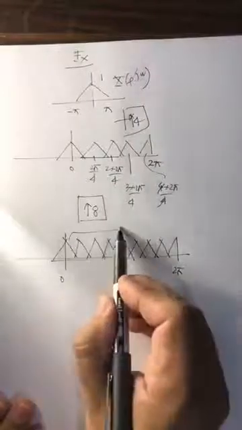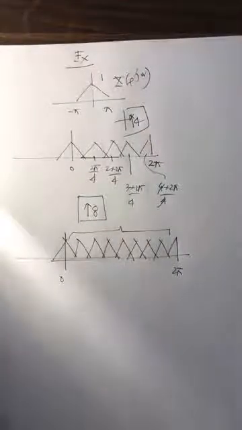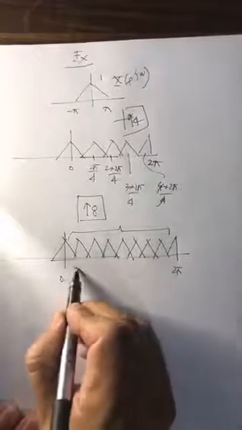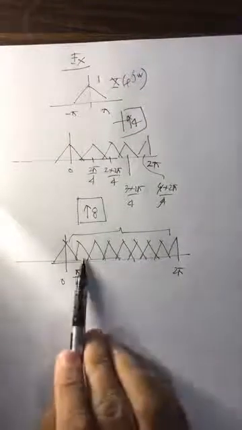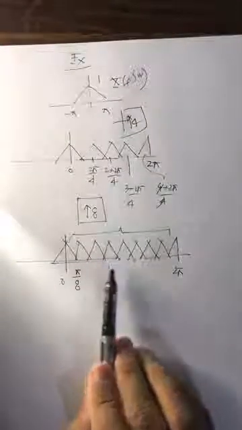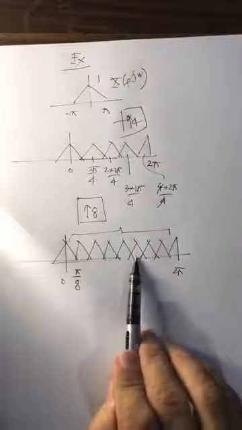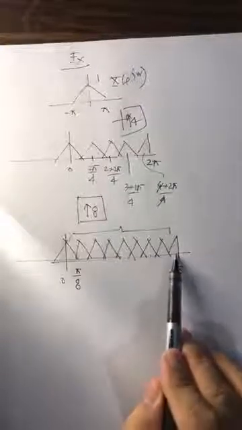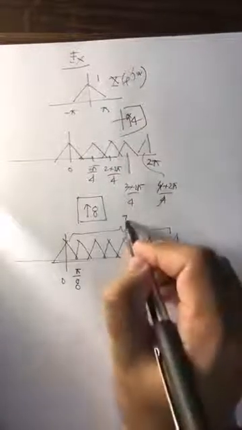So you make 7 extra copies. This pi will be now pi over 8. And successively 2 pi over 8, 2 into 2 pi over 8, 3 into 2 pi over 8, 4 into 2 pi over 8, 5, 6, 7, and 8 into 2 pi over 8 will make a 2 pi. So 7 extra copies.